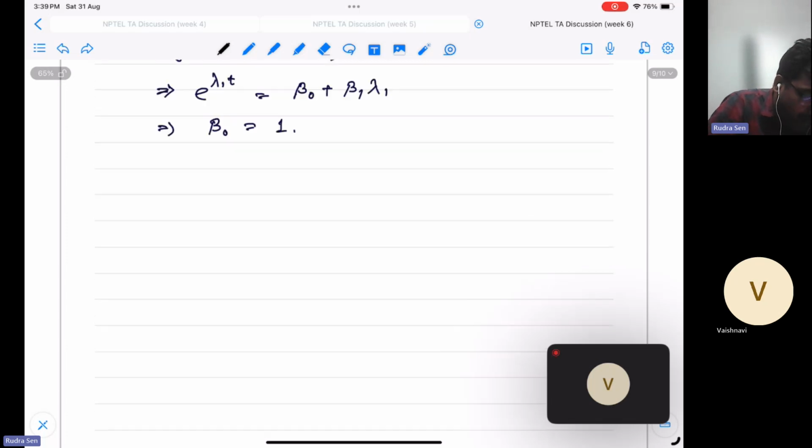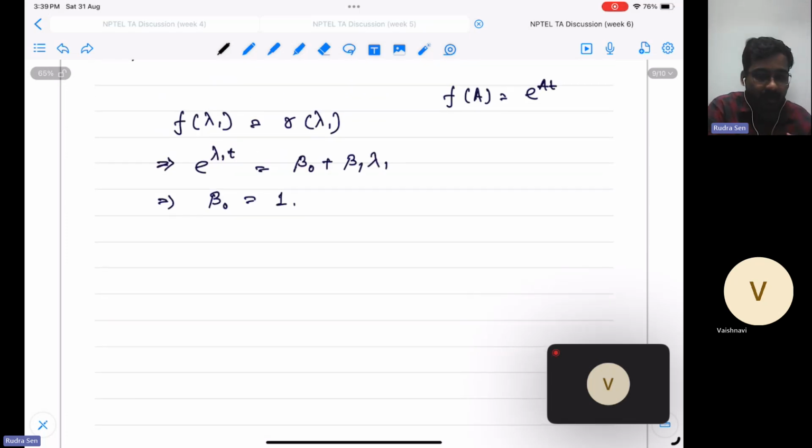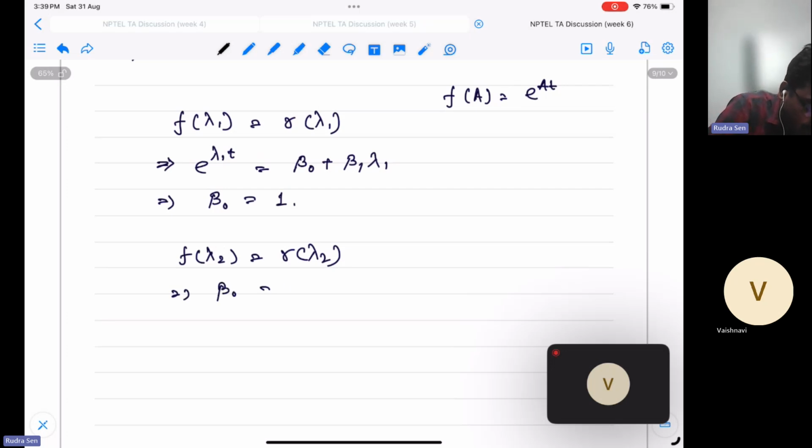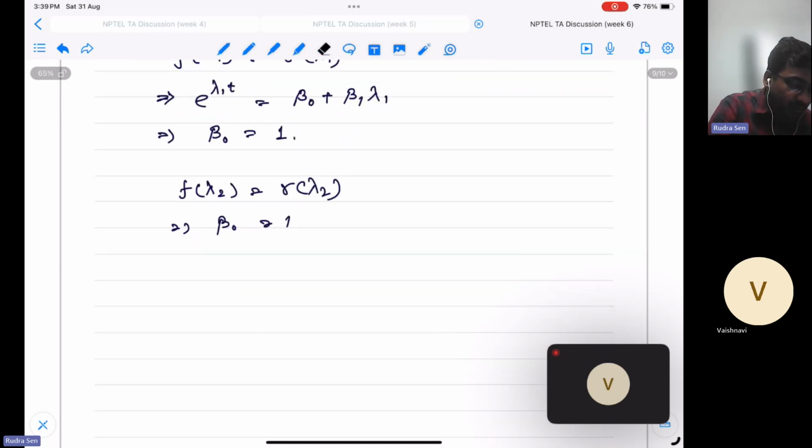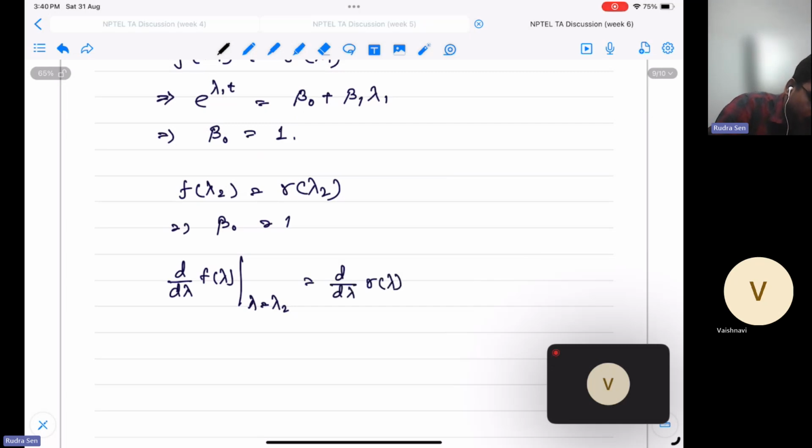And then, since this is a repetition, if we follow a similar procedure with f of lambda 2 equals r lambda 2, we will also get beta naught equals 1, because lambda 2 is also 0. So to find beta 1, we have to take a derivative. We take the derivative of f of lambda with respect to lambda at lambda equals lambda 2, equal to the derivative of r lambda with respect to lambda at lambda equals lambda 2.